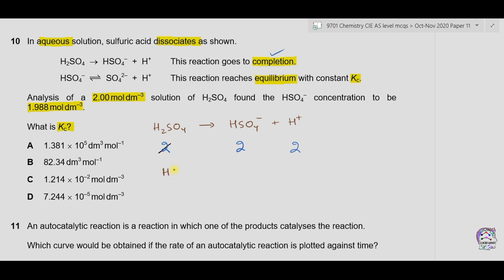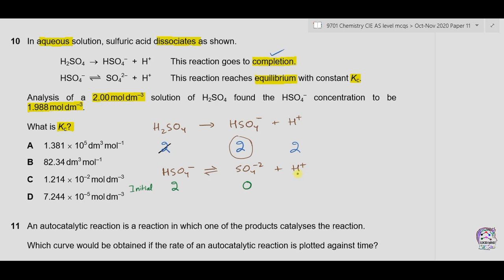The second reaction is HSO4- which converts into sulfate ions and H+ ions. So initially we have 2 moles of HSO4-, so we can write 2 moles. Now as HSO4- has not dissociated yet, the concentration is 0 for sulfate ions.